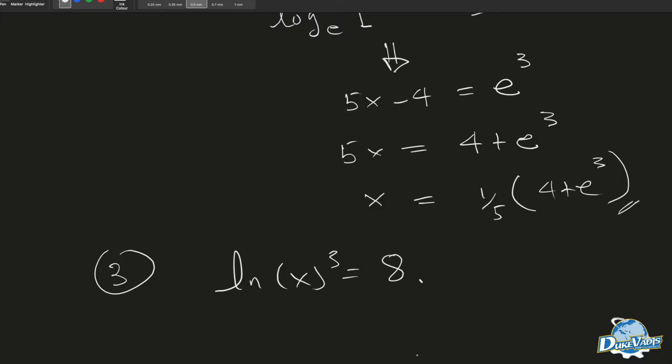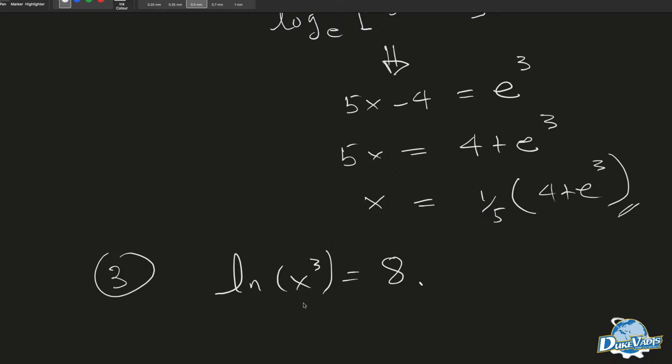Natural log of x cubed. Alright, so let's write it well, the x cubed. Okay, so that's how it's supposed to be. So that's what we've been given. So let's see how we go about that.